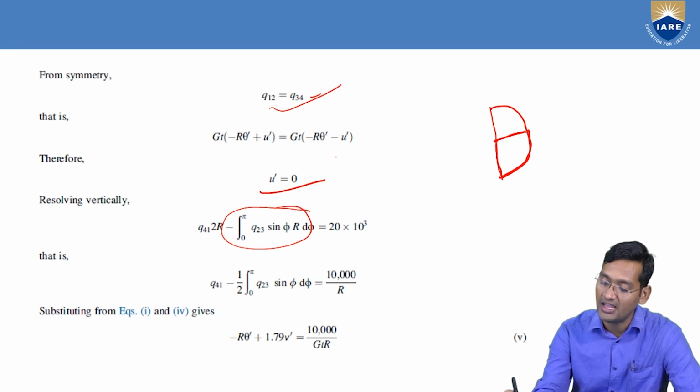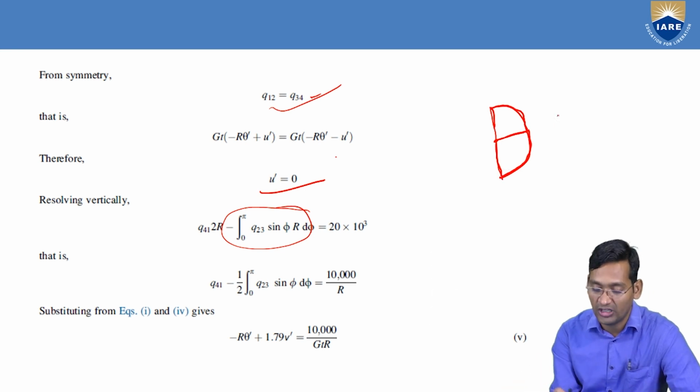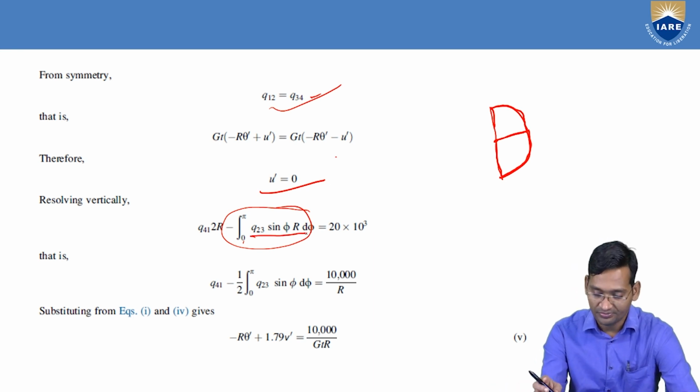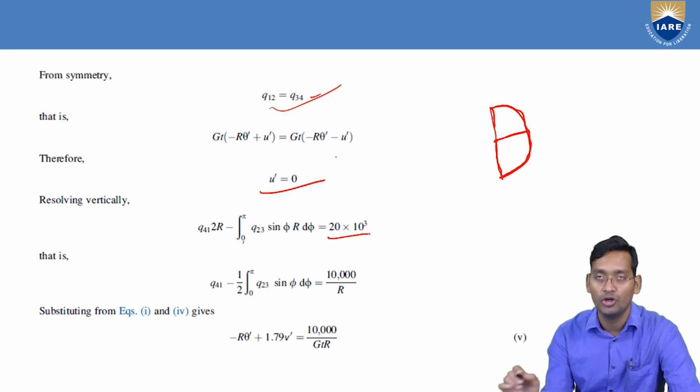This is pi by 2, and up to pi. So the angle varies from 0 to pi. That's why the integral of 0 to pi q23 sin phi into r d phi, which we have to integrate, is equal to 20,000.